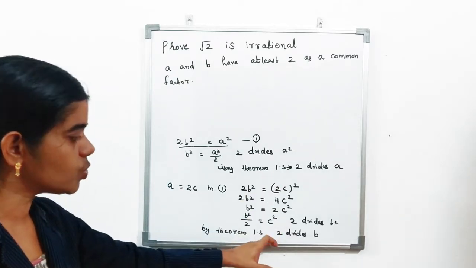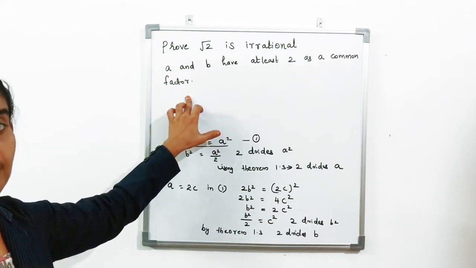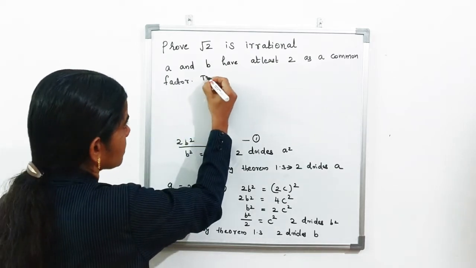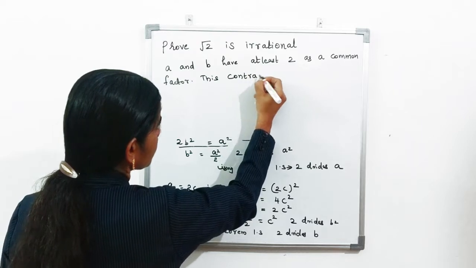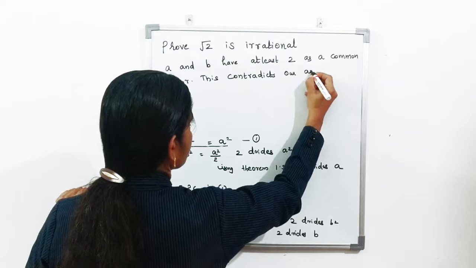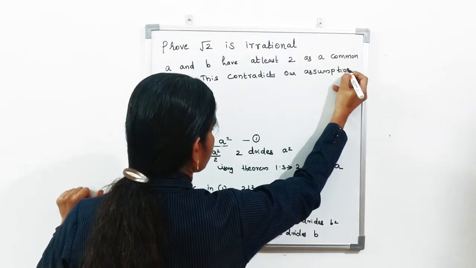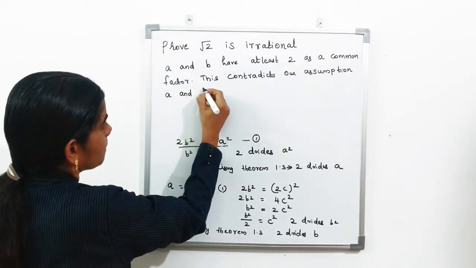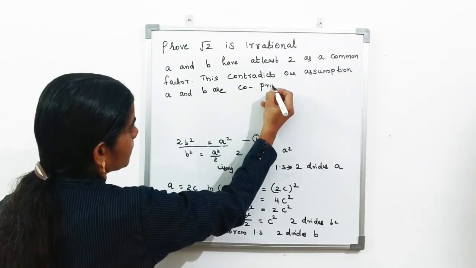After proving these two we got A and B have a common factor 2 also. This contradicts our assumption that A and B are co-prime.